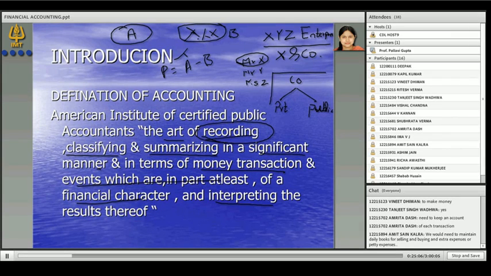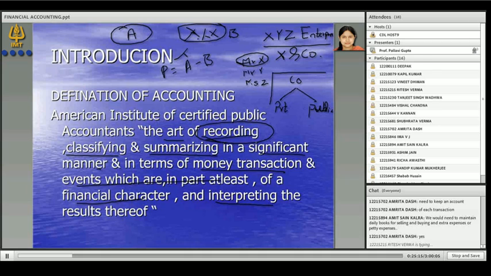You need to plus and minus all the items. How much I received, that I should add. How much I paid, that I should subtract. One transaction will be on 1st January, another transaction will be on 28th January. So you have to go through all the books and find out all the transactions.